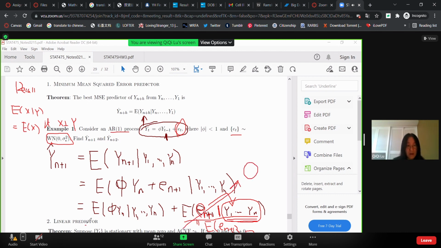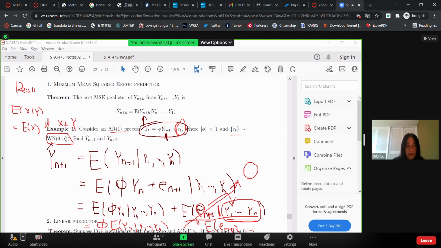And then the first term, phi, we know that's the coefficient, and then the expectation of y_n given y_1 to y_n. If you already know y_n, it's just like a constant; you take the expectation and it's still the constant.